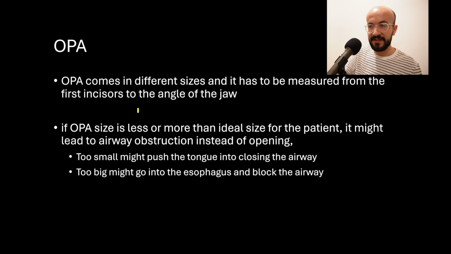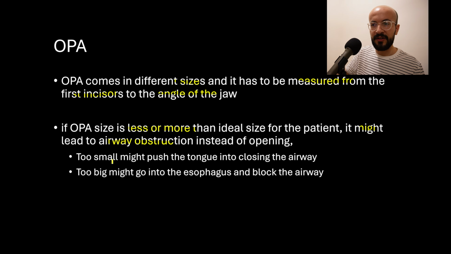Now the oropharyngeal airway comes in different sizes and it has to be measured from the first incisors to the angle of the jaw. If the oropharyngeal airway size is less or more than the ideal size for the patient, it might lead to airway obstruction instead of opening the airway.